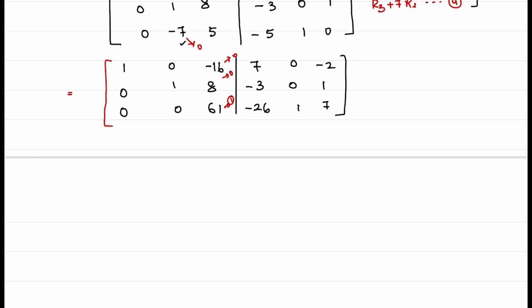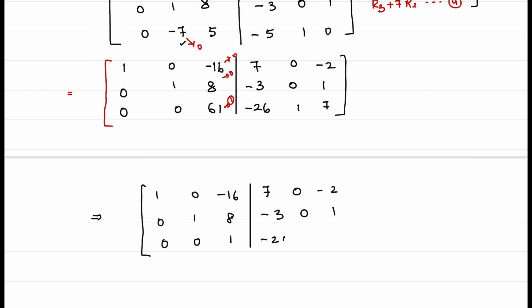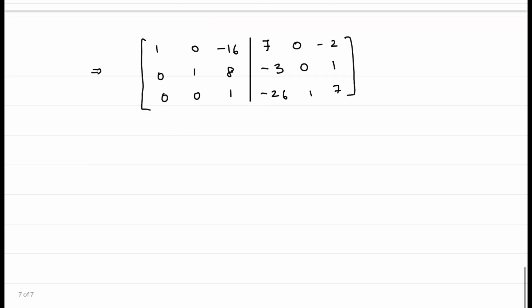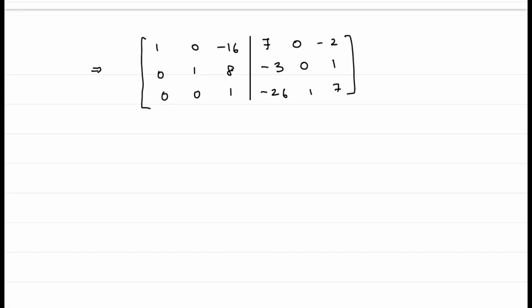You can do it. Now, this implies my augmented matrix, I have written like this: 1 0 minus 16 0, 1 8 0 0 1, 7 0 minus 2 minus 3 0 1 minus 26 1 7. This is my augmented matrix. What is my goal? I have to make this as 0.